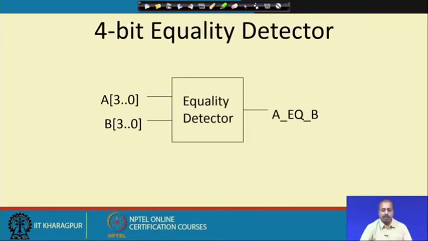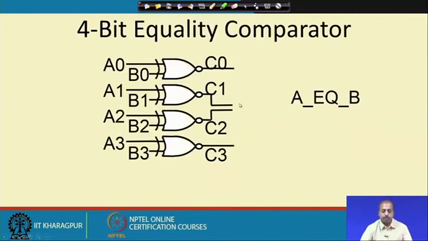If I need a 4 bit equality comparator, or equality detector, then this may be the block diagram. I have a 4 bit input A3, A2, A1, A0, and similarly a 4 bit B input B3, B2, B1, B0, and it answers A equal to B. This output is 1 only when the A and B inputs are equal to each other.